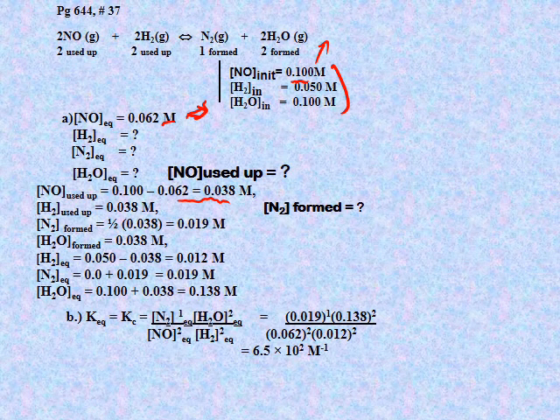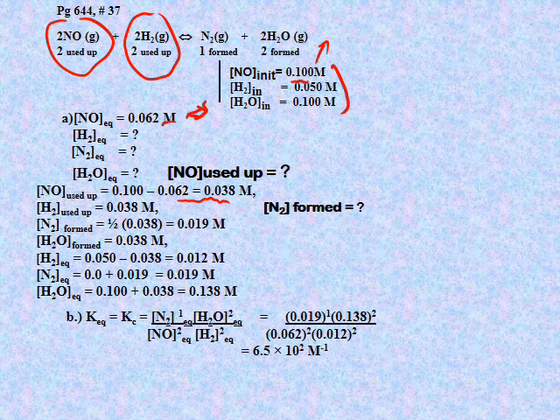Once I know the moles of NO used up, I can quickly find out the moles of hydrogen used up, because from the stoichiometric ratio it's this 2 and 2, it's the same number. So when NO used up is 0.038, I can right away write down that hydrogen used up would be 0.038 from the above reaction. On the other hand, nitrogen formed would be 1/2 of the value of hydrogen used up or NO used up.